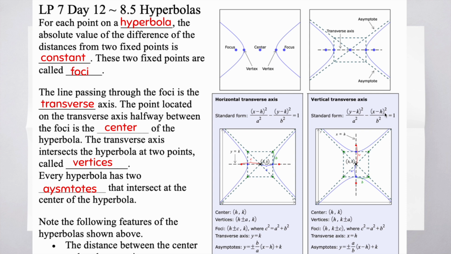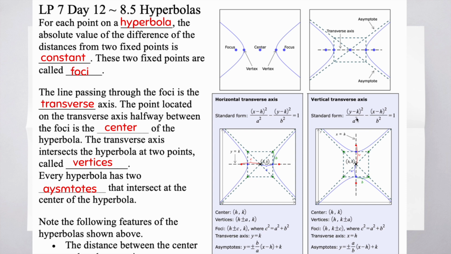If x minus h squared is being subtracted, then it's vertical. Or you could even think of which one's positive, if that helps you more. If x is the positive one, then it's horizontal because it's going right and left. If the y is positive, then it's vertical because it's going up and down. That's another way of thinking of that.